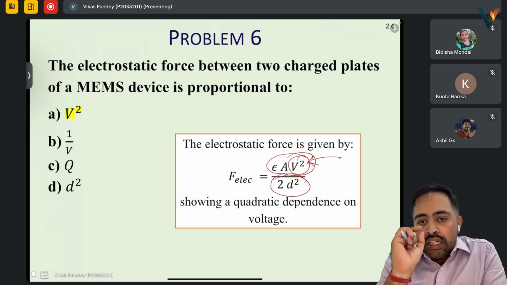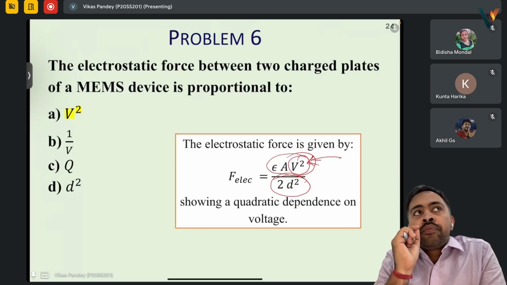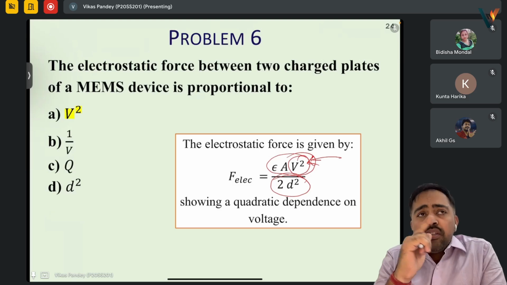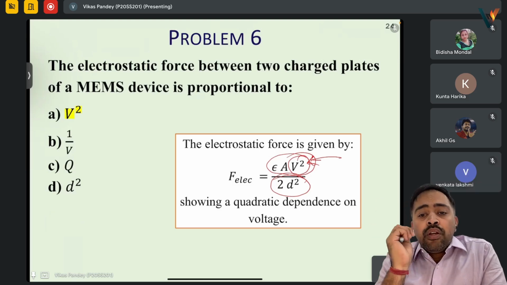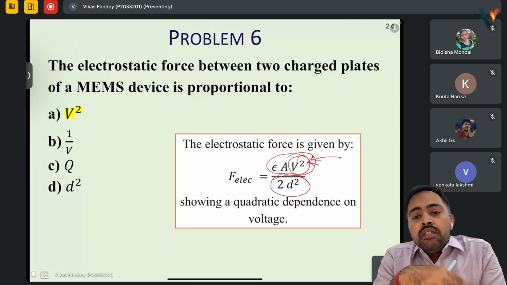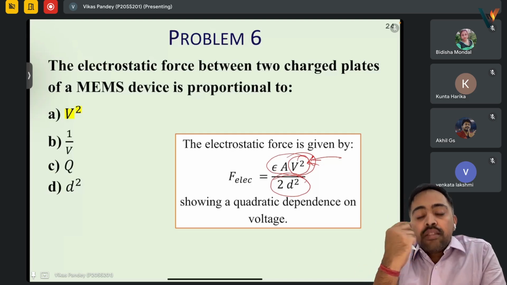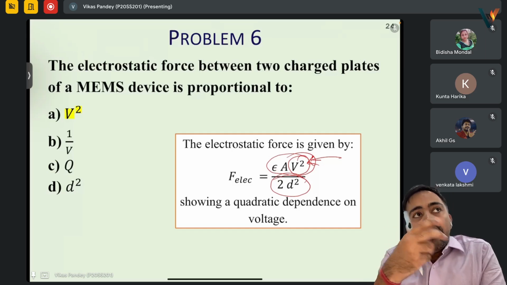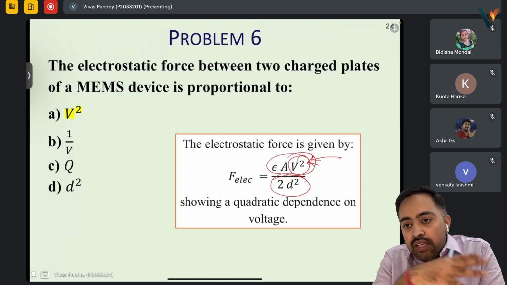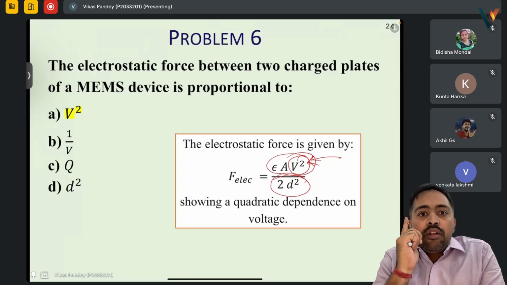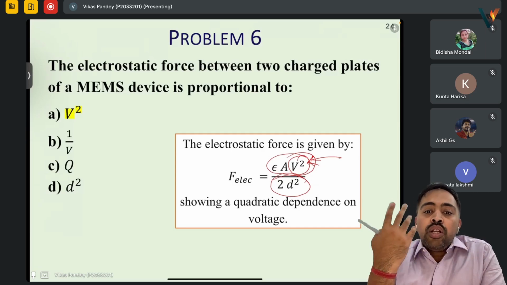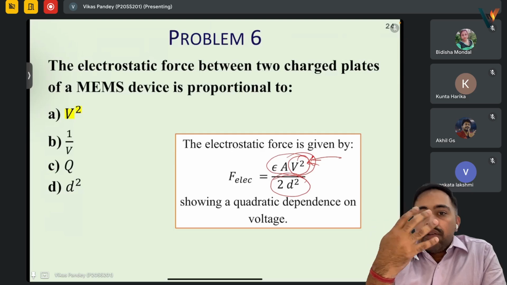If we increase the voltage, the increase in the electrostatic force is squared, and as such, the F electric will increase very fast. That means whatever the force was at 1 voltage, at 2 voltage that force will be quadrupled. It will not be the same.